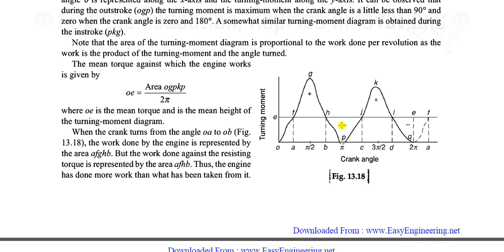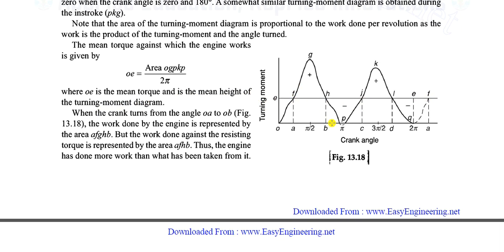So the area OGPKQ divided by 2 pi will give you the mean torque line. This is the mean torque line and it is the mean height of the turning moment diagram. Now what we want to calculate is the fluctuation of energy.